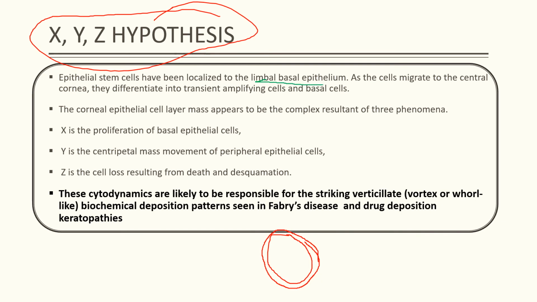Now, as the cells migrate to the central cornea, they differentiate into the transient amplifying cells and the basal cells. So the limbal cells are forming the transient amplifying cells and the basal cells.